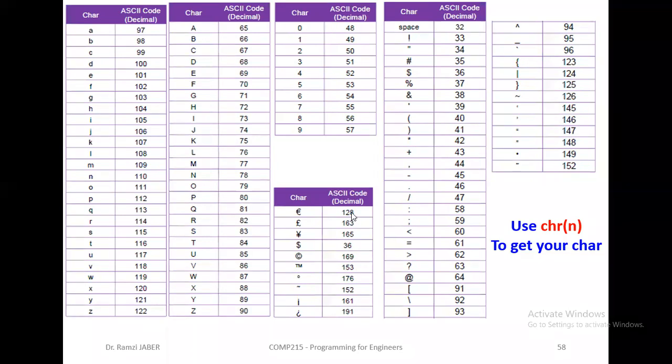Euro is 128, and so on. Capital A is 65, small a is 97. So we have characters, ASCII code, decimal characters. Okay, chr(n).